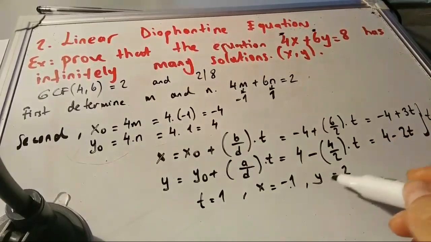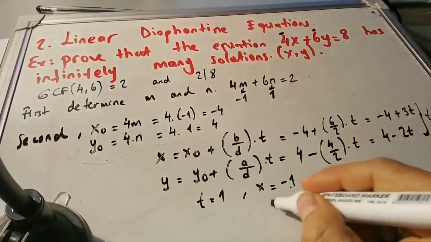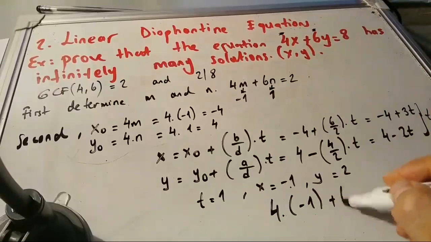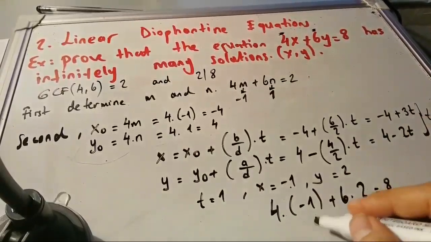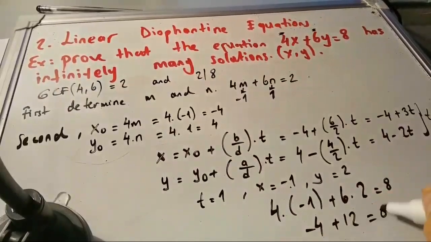For x is -1, for y is 2. We have to check whether the values satisfy the equation or not. 4 times -1 plus 6 times 2 is equal to 8. So -4 plus 12 is equal to 8. Okay, glad to have it.